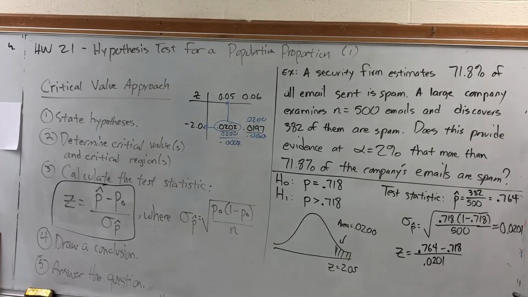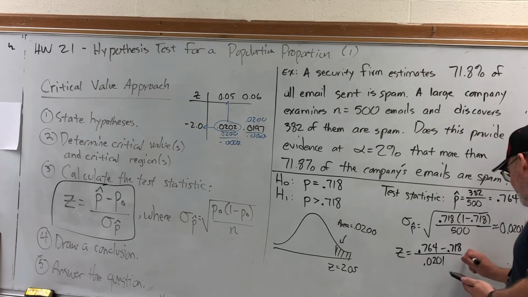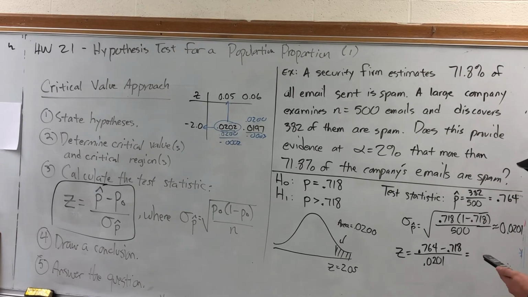Now let's see what this equals. 0.764 minus 0.718 equals, and divide that by 0.0201. And I get, we'll just take it to 2 decimal places, 2.29. In general, z-scores to 2 decimal places are not a bad idea, especially if you're getting into the z-chart, but that will suffice.